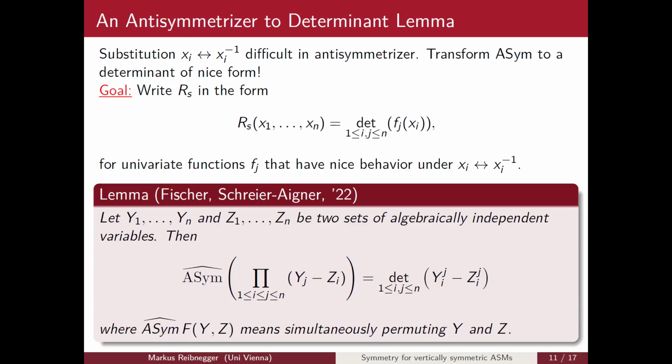One antisymmetrizes this product, and the result is a very simple determinant. This is, to me at least, a very surprising statement. It has a very simple linear algebraic proof, just through using the recursive structure of the antisymmetrizer and Cramer's rule, so just Laplace expansion, essentially. And as Ilse said, it also has a combinatorial proof.